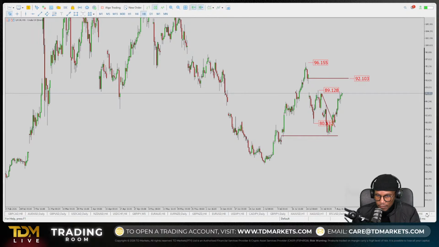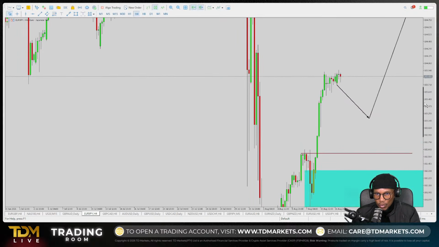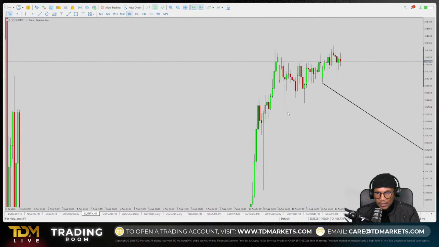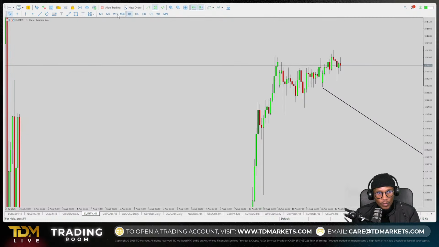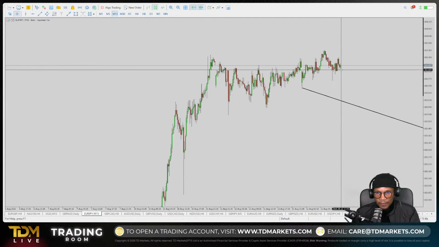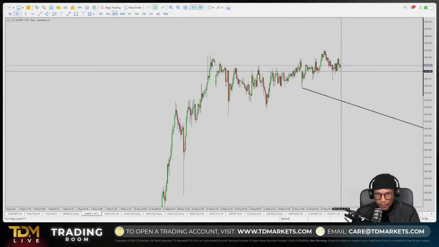Cool stuff. Now the yen is correcting at least. So Euro yen is still consolidating here. For the people that trade minute time frames, according to this, there could be a short opportunity on the lower time frames here.